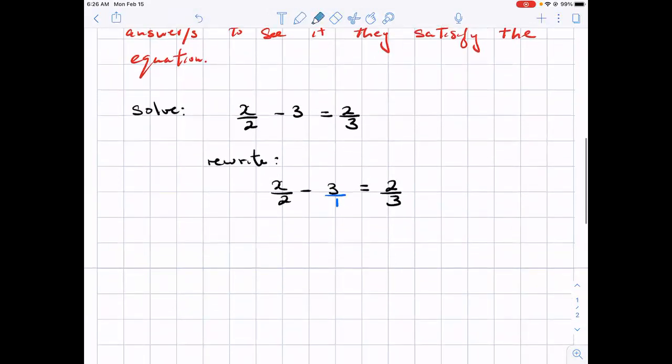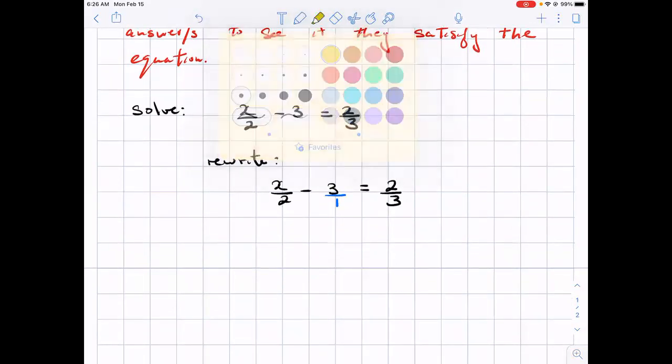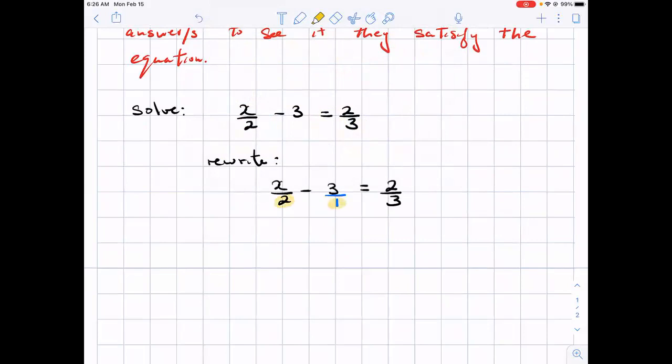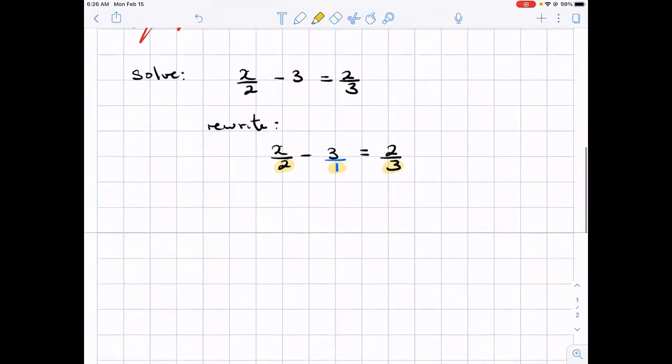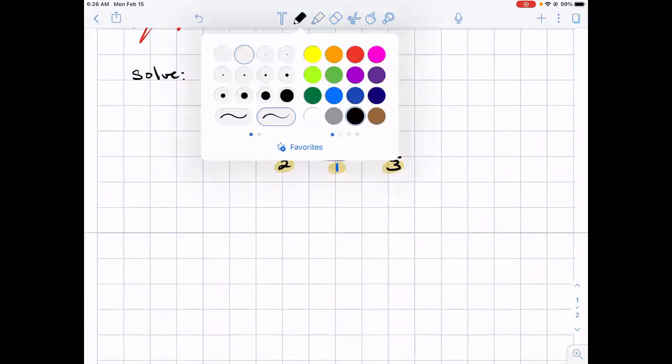Now, what we'll do is look at the denominator of each term and see if they can be factored. If they cannot be factored, then we move to the lowest common denominator.